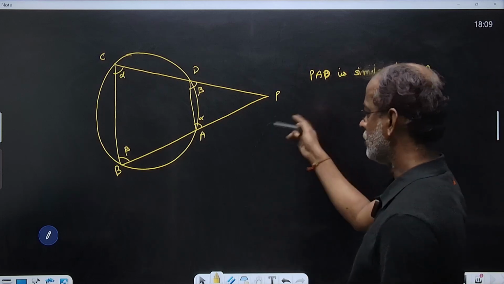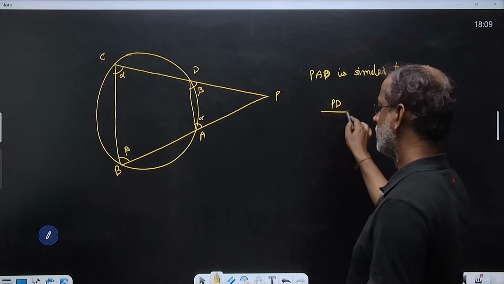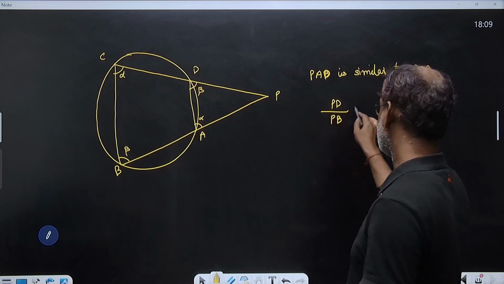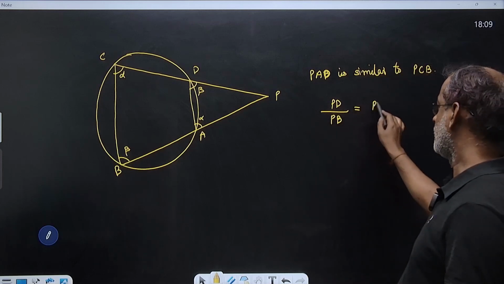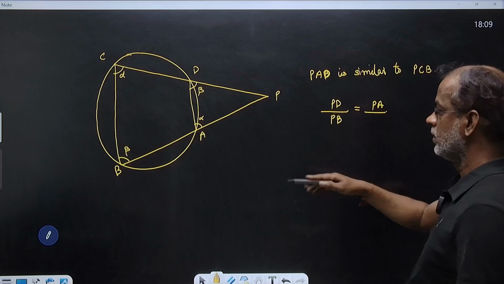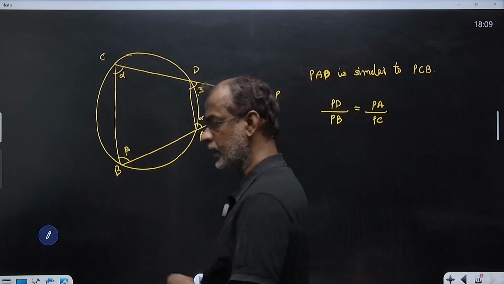So, you can see opposite alpha PB, PAD, opposite alpha PD upon PB. Okay. PA opposite to PC, PA into PB is PC into PD.